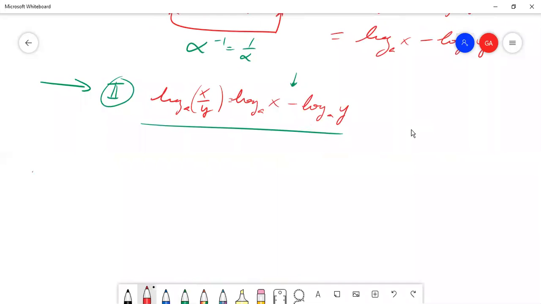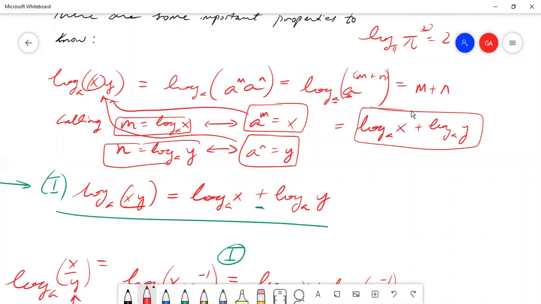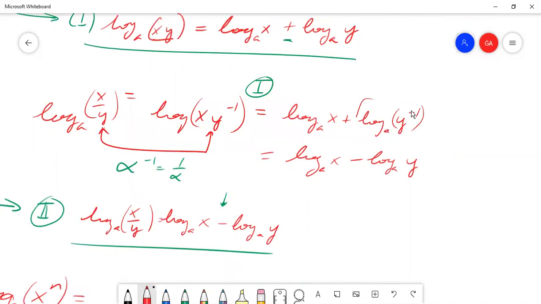This is what I should have shown first, actually, because I used this property in the proof and I couldn't justify myself. What is log base a of something raised to something? So x to the n, for example. How would I evaluate this? And this is actually what I needed right here. I wish I had shown this proof first.